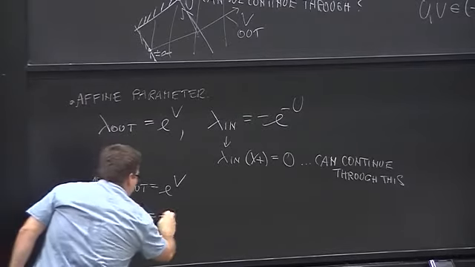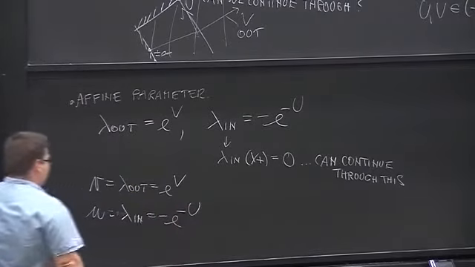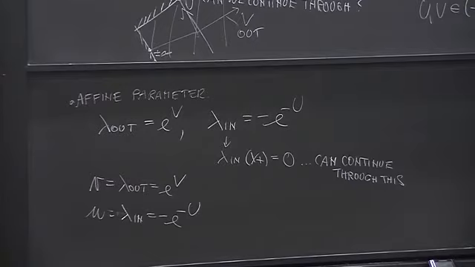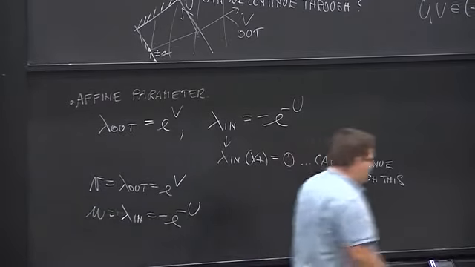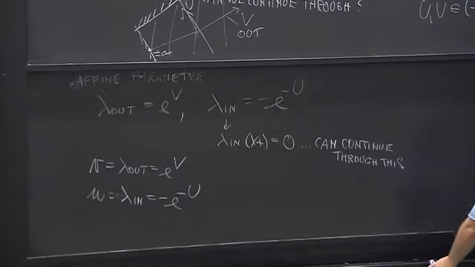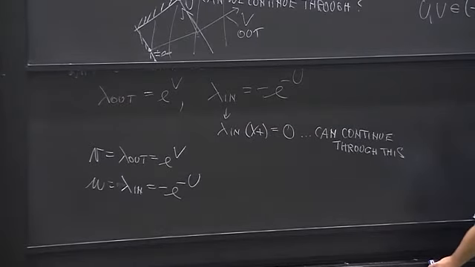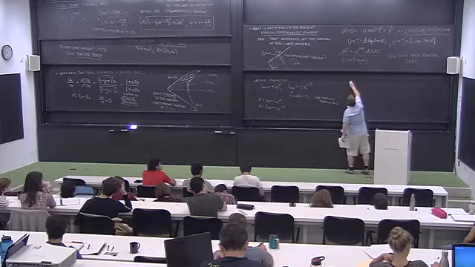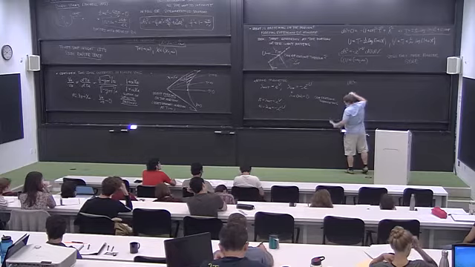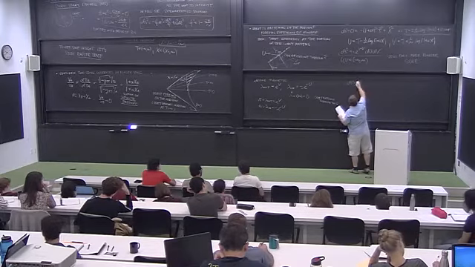I'm now choosing my new coordinates to be these affine parameters for the geodesic. If you use this change of coordinates, it's obvious that your ds squared just becomes du dv.